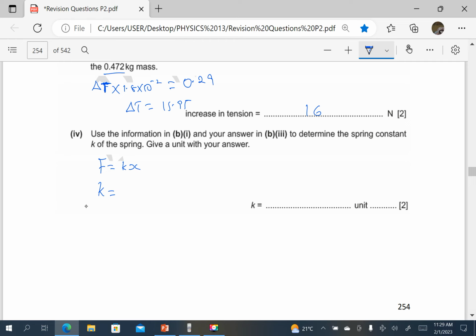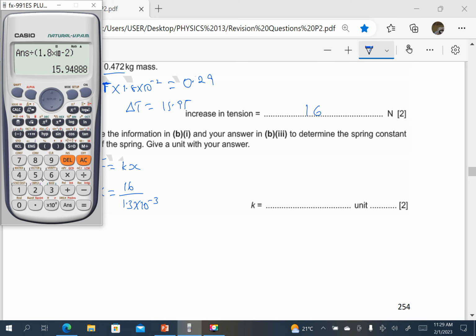So this is going to be the increase in tension, 16 newtons, divided by the increase in length, or the distance moved by the pointer, which was 3.3 millimeters, that is times 10 power negative 3.